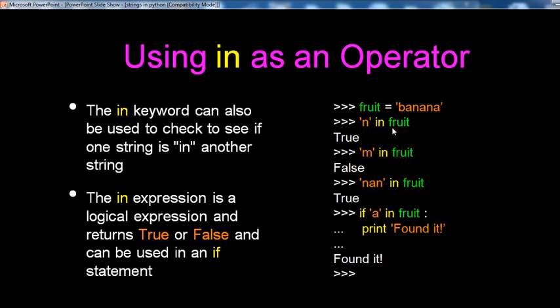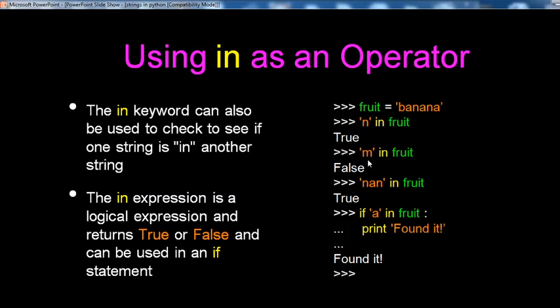A is available in fruit, so that is true. The in statement simply checks whether a particular character is available in the given string or not. Here the example is fruit equals banana, one string is given. The condition: n in fruit, is n available in fruit or not? If n is available, that means true.